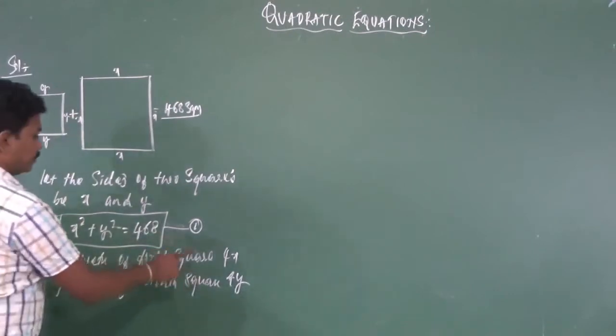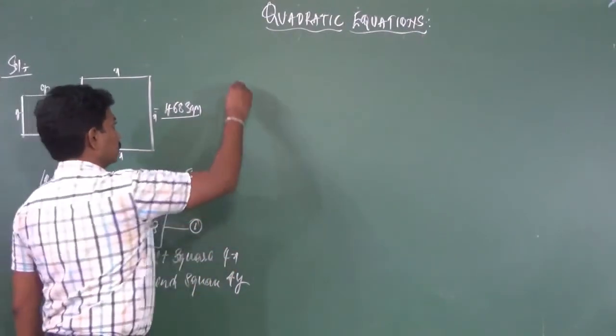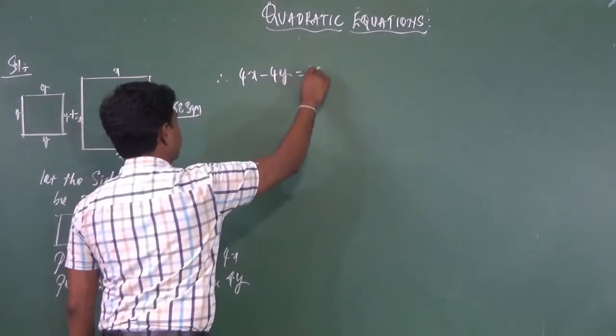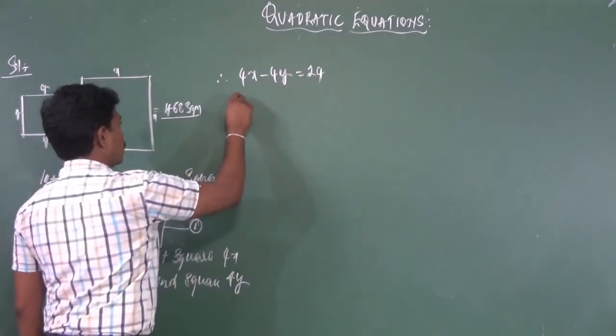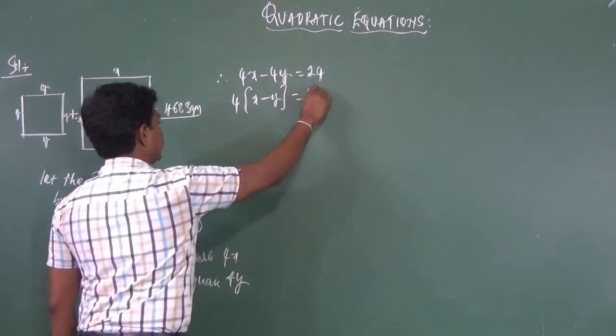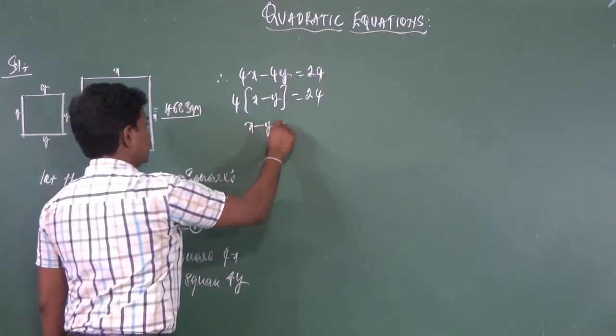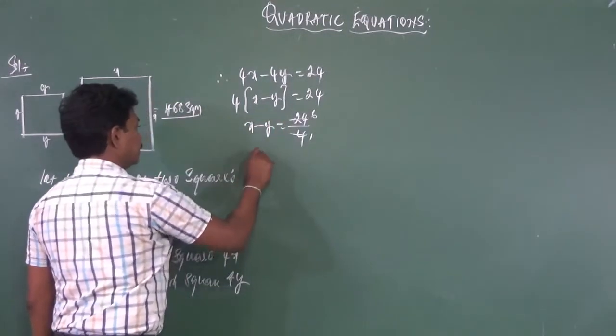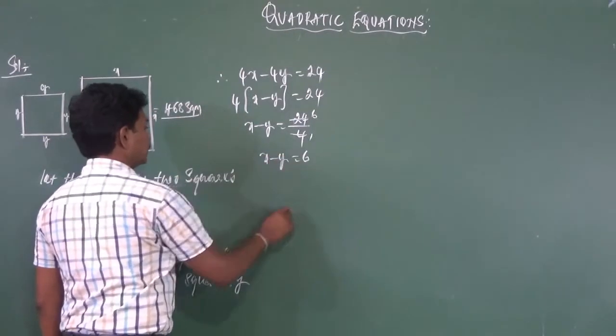So now the difference between the perimeters is 24. Therefore 4x minus 4y is equal to 24. So if you take out 4 common, you get x minus y is equal to 24 by 4. 4 sixes are 24. So x minus y is equal to 6.